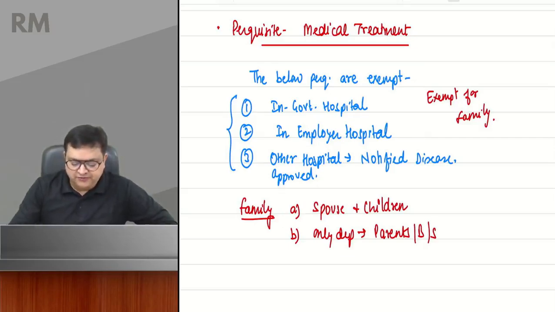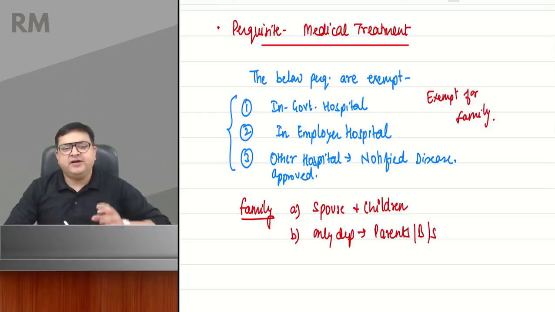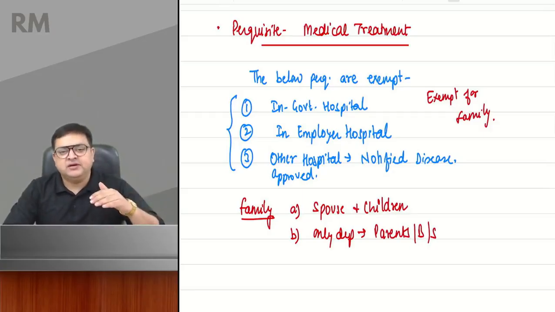Now if the father is not dependent, he is not part of the family as per this definition. So if treatment is done for the father, now he is not a part of the family, then it becomes taxable. I have written parents, not in-law parents, right? So parents-in-law, father-in-law, mother-in-law, are not family members.